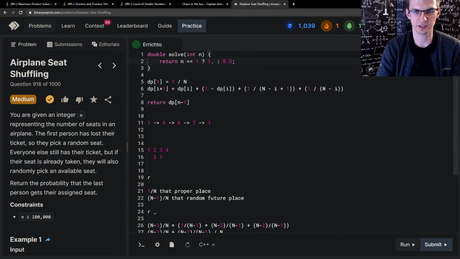I wonder if this can be done shorter. This should compile in C++. Maybe n-1. If this is not 0, then 0.5, otherwise 1.